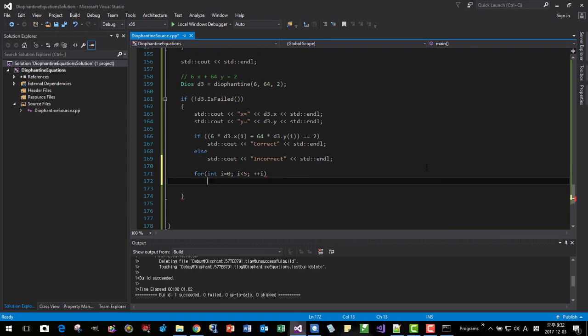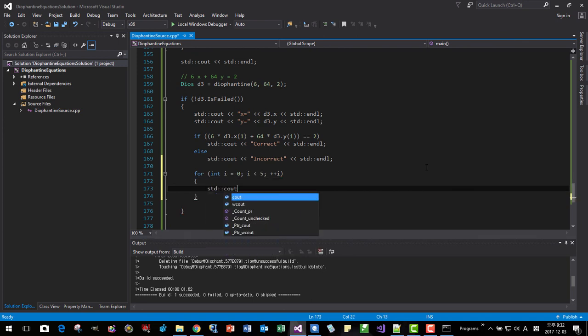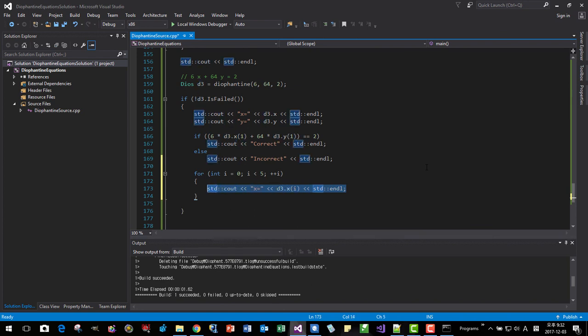We can display multiple solutions like this. std::cout, x, d3.x of i, and another solution, this is y.